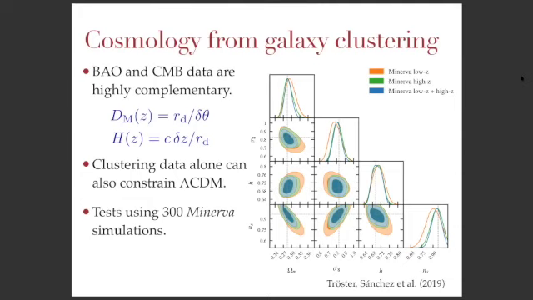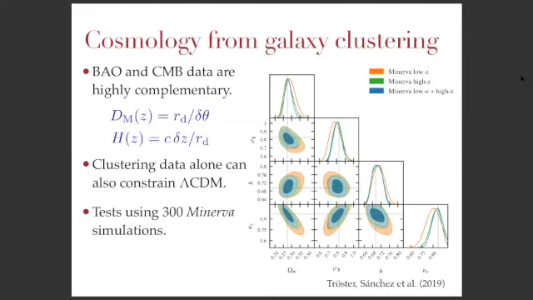If you don't have this input from the CMB, then all you can measure is distance ratios, so distances relative to the size of the ruler. But even without this information from the size of the ruler, or this information is given essentially by the prior that you assume on omega baryon, you can constrain the parameters of the lambda CDM model using clustering data alone. And this is a test, similar to what was shown earlier in Guido's talk.